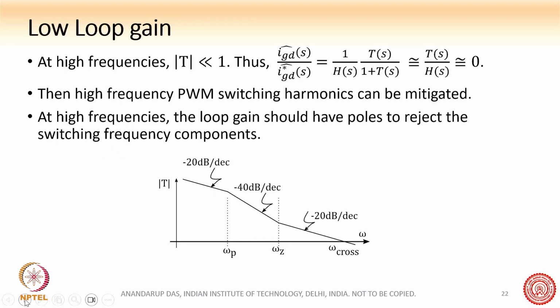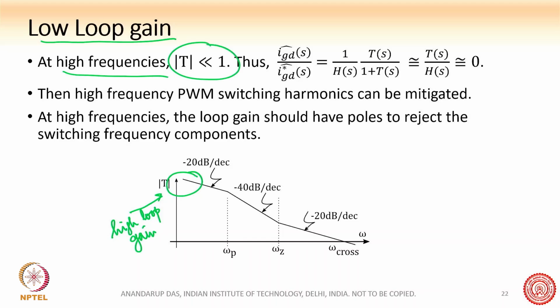Another point is, we understand that in this area we get high loop gain, and I explained the benefit of this. But what happens at high frequency? At high frequencies, we would like to have a low loop gain. We want Ts to be much, much less than 1. That is why the slope is going like this.